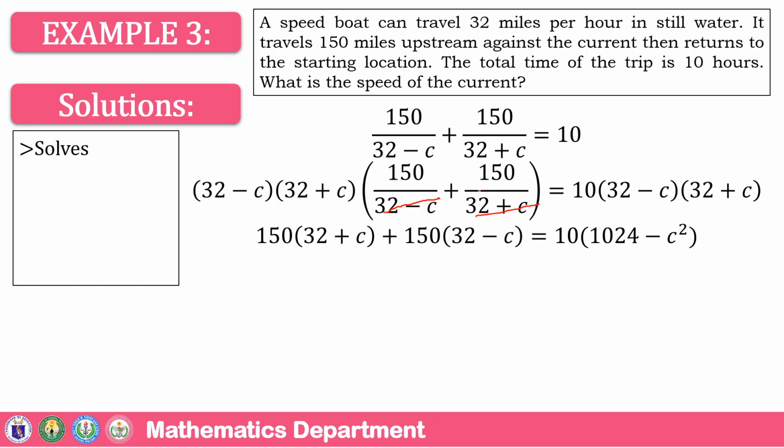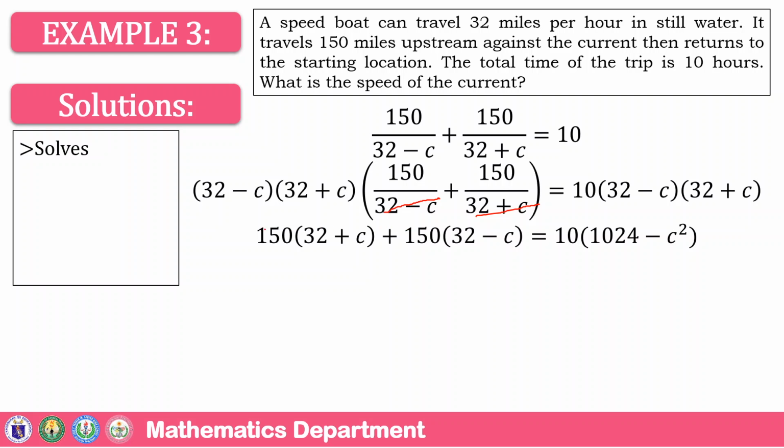Pagka yun ay pinagsama natin, magiging 0 na lang. Wala na siya. Then the last term naman, negative c times positive c, so we have negative c square.